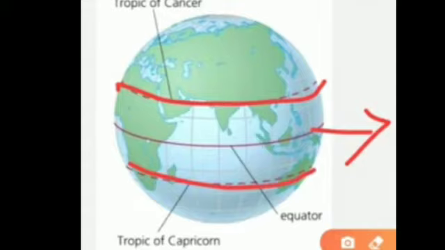So it is a continuous process. Because of this, the air expands and moves towards the sky. As a result, the pressure belt formed in this region is the equatorial low pressure belt. Understood, students?